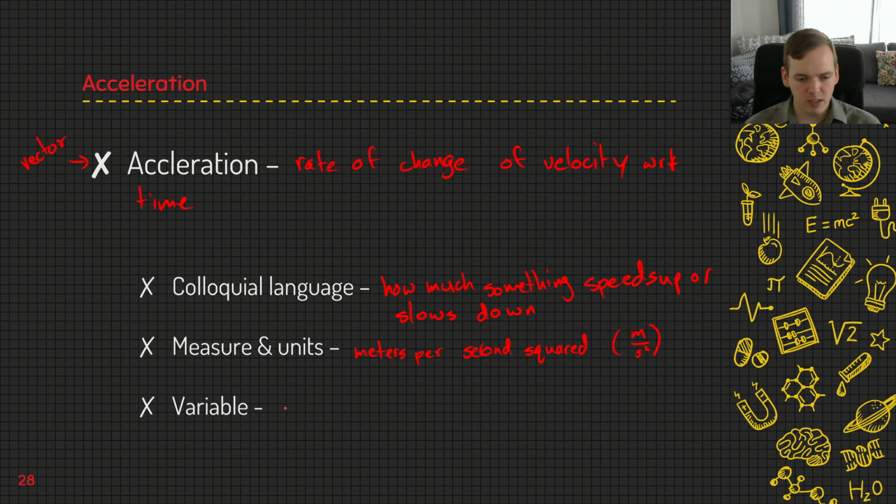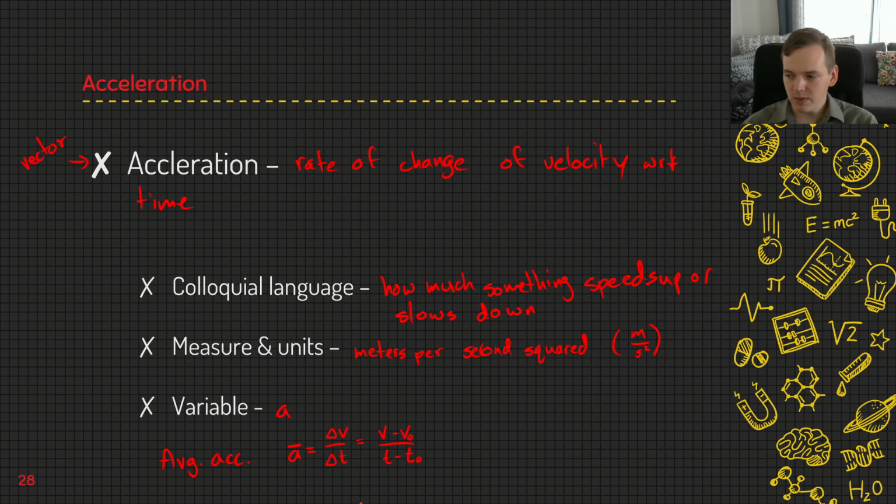The variable for acceleration is lowercase a. And if you want to calculate average acceleration, again using that a bar language we've talked about before, that's going to be delta v over delta t, which can also be written as v minus v initial over t minus t initial.